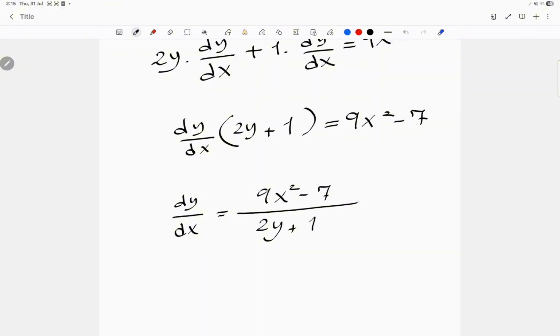That's called implicit differentiation, because you differentiate the y and the x at the same time. You want to leave dy over dx by itself completely. Whatever is next to it has to go down.